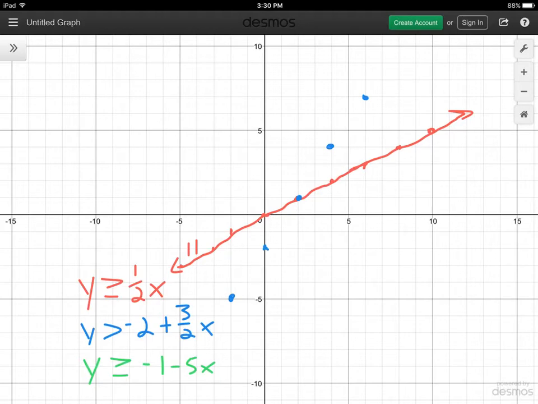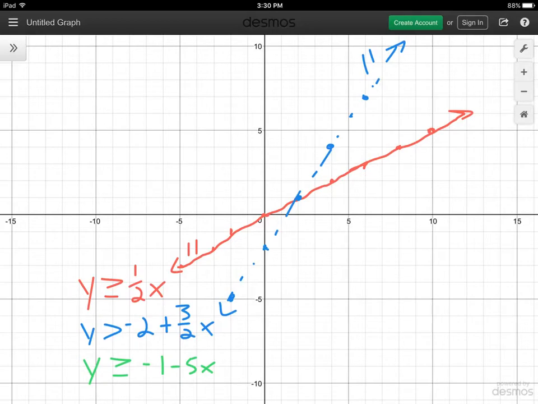And this one is dotted. That one is also shaded above, and so I'm going to put this part here just to remind myself.